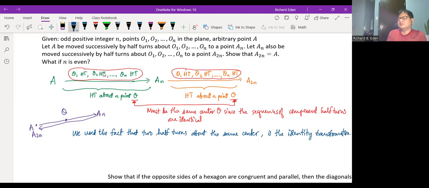So in other words, it's a transformation where you actually don't do anything, or at least the net effect is nothing. Therefore, A and A sub 2n are the same.